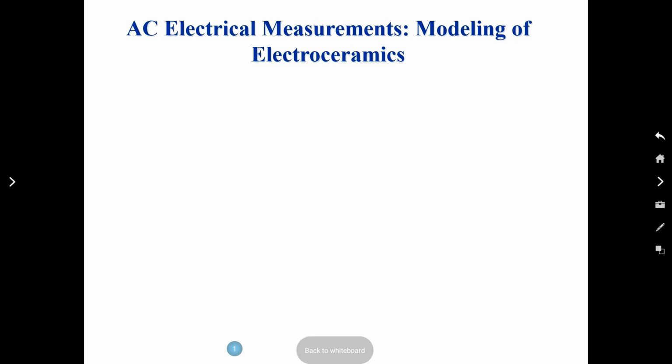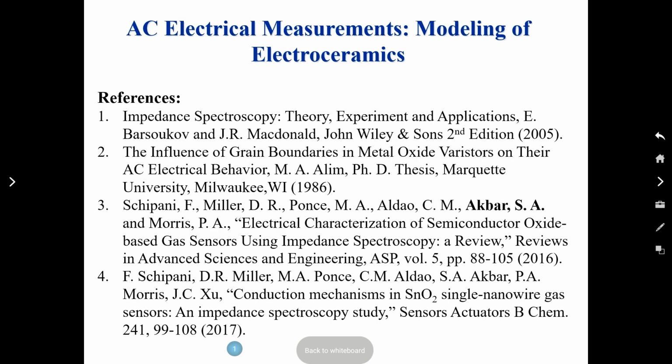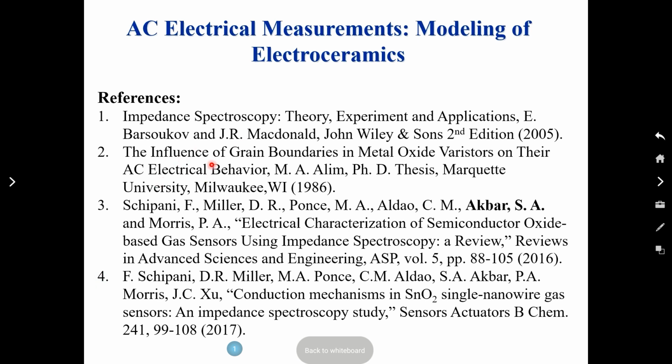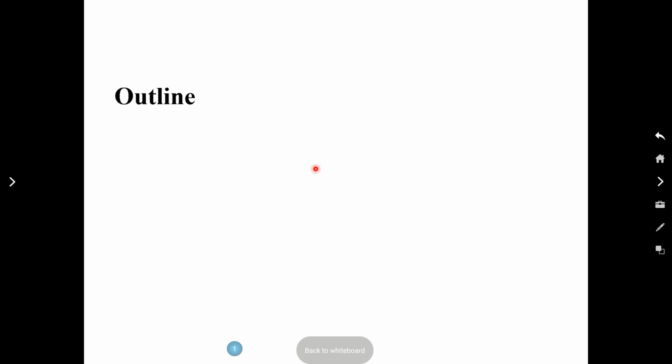So that's where I'm heading, and I'll give you some references if you want to read more about this. This is a good reference that I used. Number 2 is actually a PhD thesis written by a Bangladeshi electrical engineer. There are other resources as well.